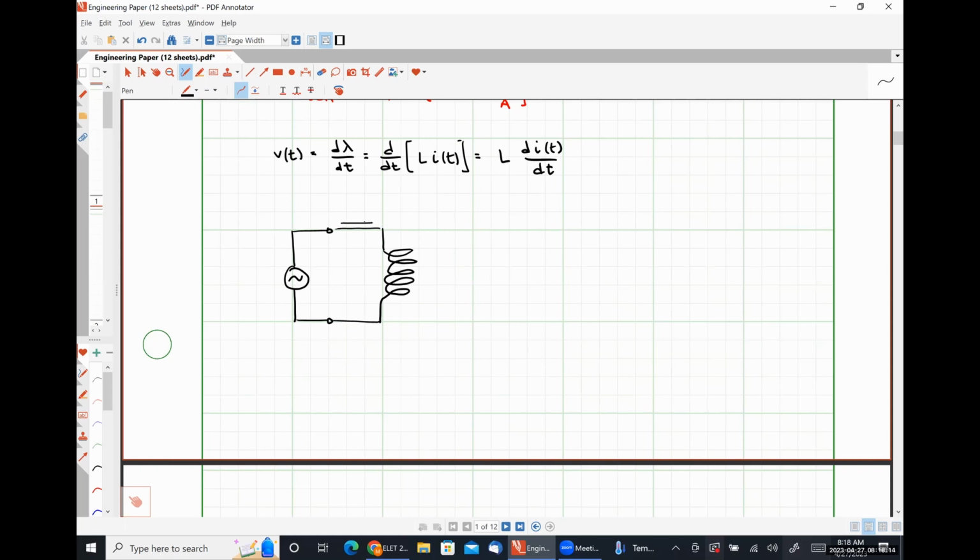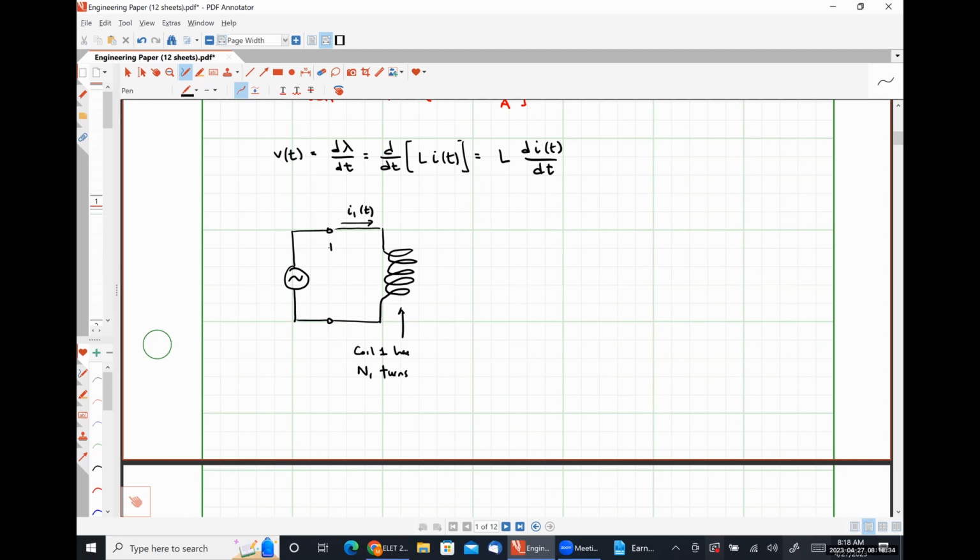Such that some current I1 of t will flow through what I'm going to call coil 1. And I'm going to specify here that coil 1 has N1 turns.